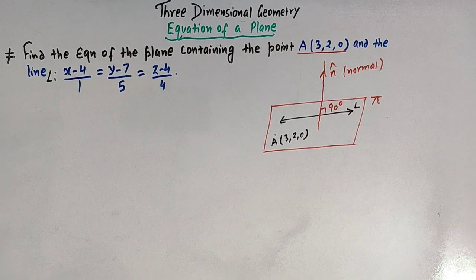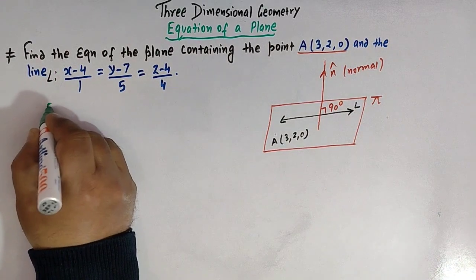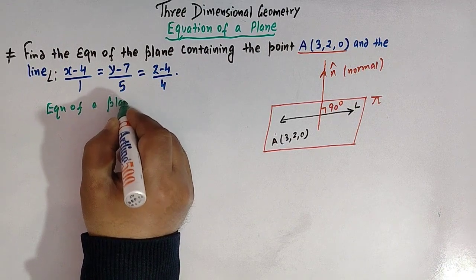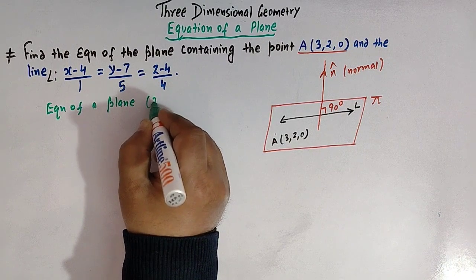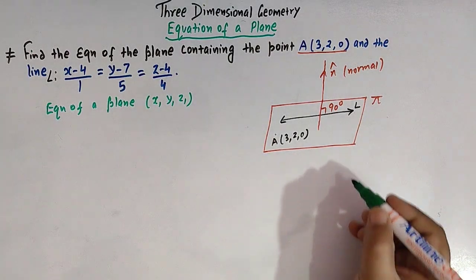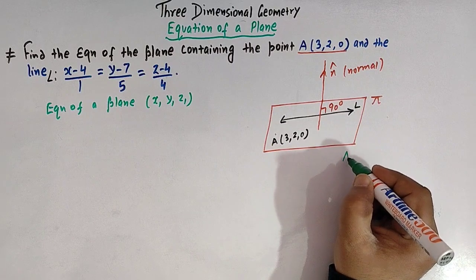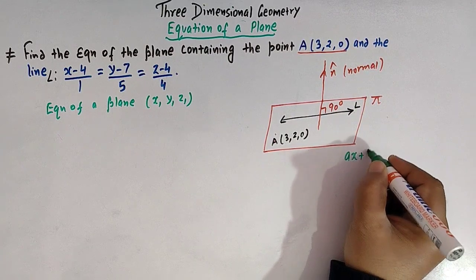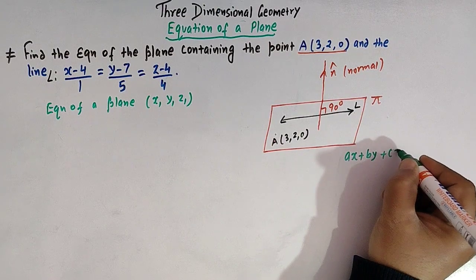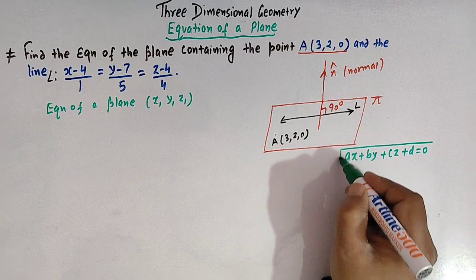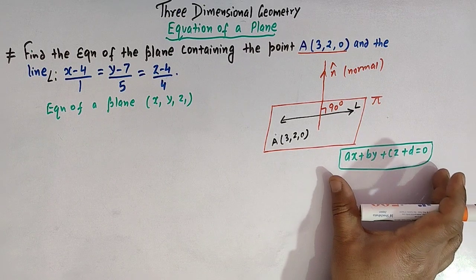So now we know that the equation of a plane which passes through some given point, say (x1, y1, z1). See, we know that an equation of this type, ax + by + cz + d = 0, always represents a plane.